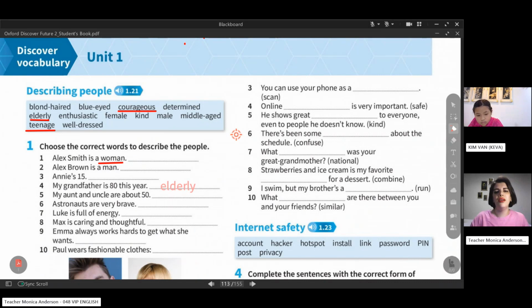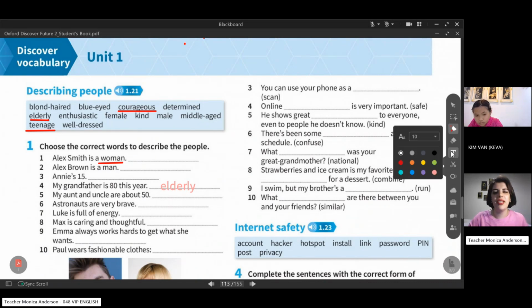Okay. So let me type. Okay, the next one, number 7. So about number 6, astronauts are very brave, so they are courageous, and Luke is full of energy.